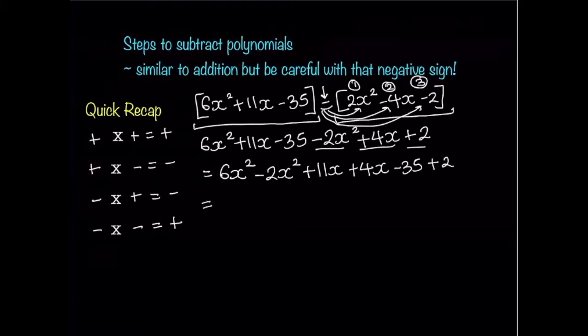So then this gives 6 minus 2 is 4, so you have 4x squared. 11 plus 4 is 15, so you have plus 15x, and then minus 35 plus 2 is minus 33, so you have minus 33. So with subtracting polynomials, you just have an additional step, but once you are able to deal with that minus sign, you follow the exact same steps as addition.